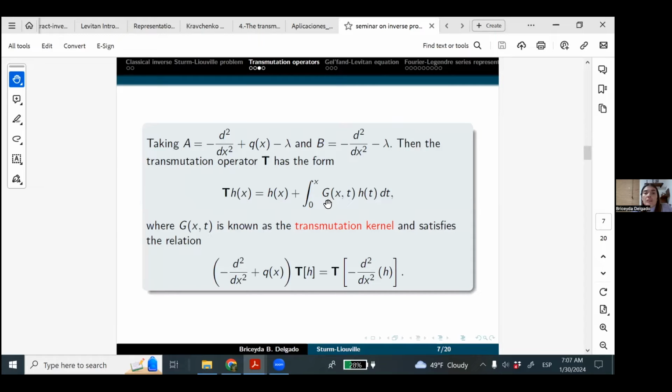We can notice here that everything is known except for the transmutation kernel G. There are different methods for the construction of G, but we will use in particular one called the Fourier-Legendre series representation. We will see later what it means, this series representation for the kernel. And this transmutation operator satisfies this relation: the operator A T is equal to operator T B.